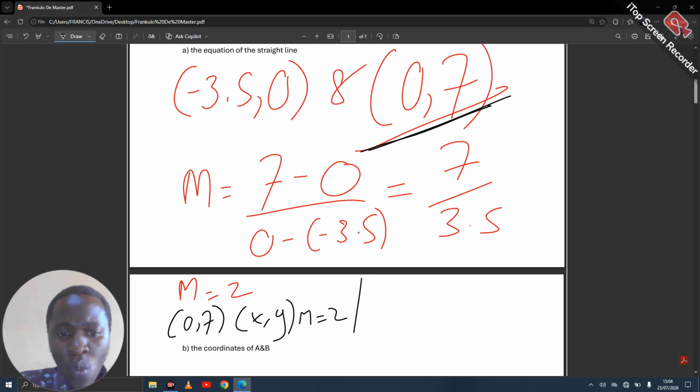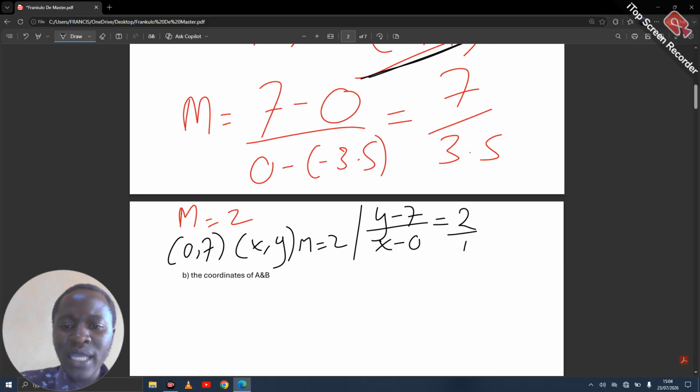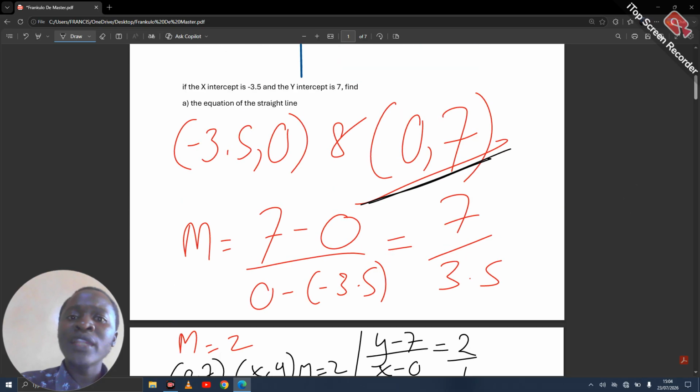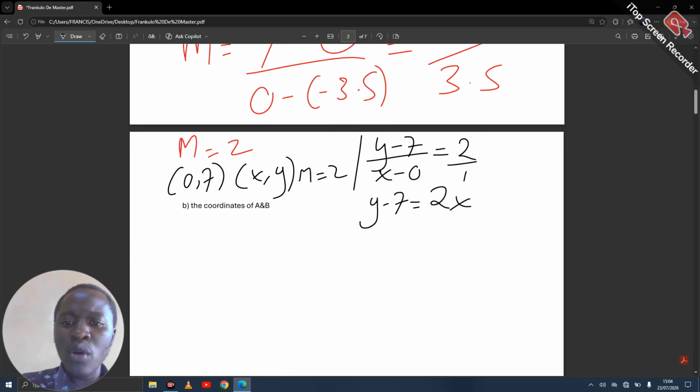That means y minus 7 all over x minus 0 is equal to 2 all over 1, which is the gradient. So you cross multiply. Doing that, we shall have y minus 7 equals 2x minus 0. So the equation of the straight line will be y is equal to 2x plus 7.